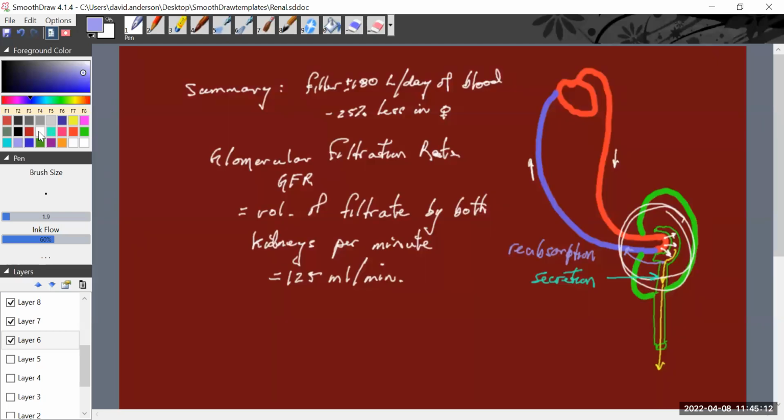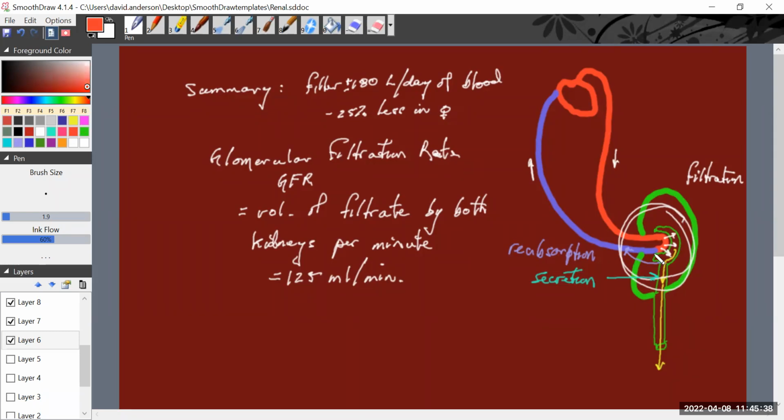So the little white arrows represented filtration. And filtration is basically capillary exchange. But the capillary exchange that we're talking about is going to be located in this glomerulus, this special blood vessel that was an example of a capillary network, arterial in and arterial out.